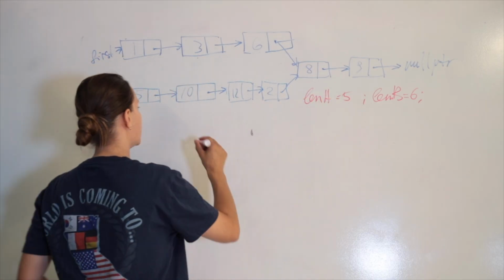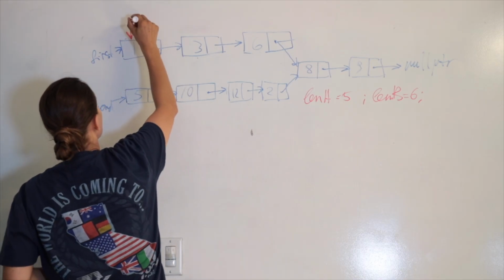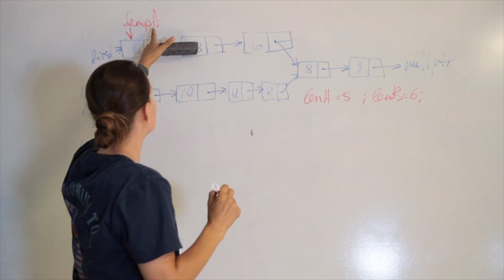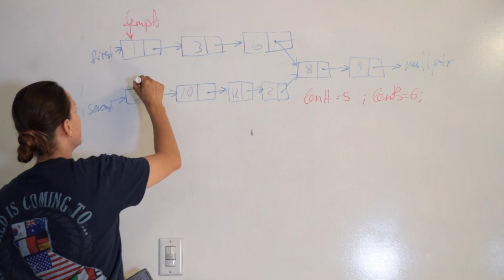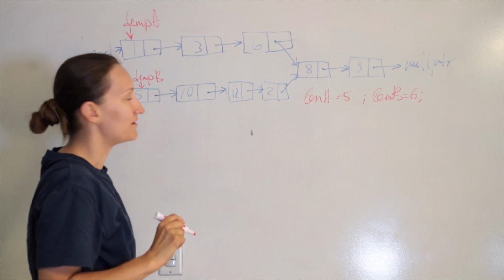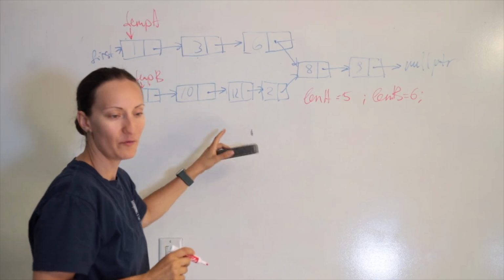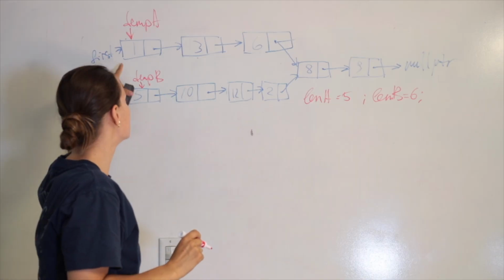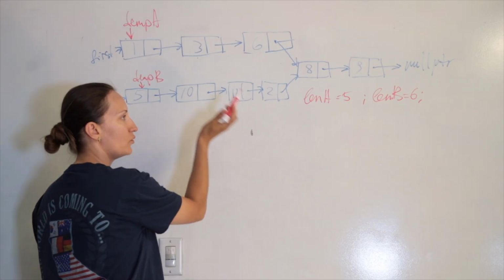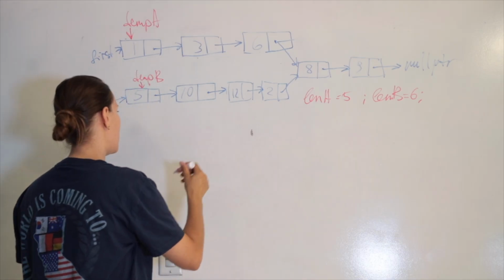Of course, we forgot to create these pointers, so we will traverse not head, we will traverse temp A and temp B, because we always need our head A and our head B. So we should have created these pointers before.